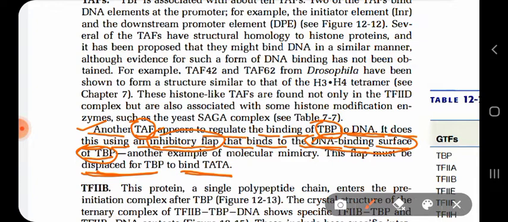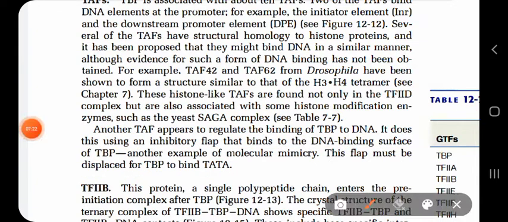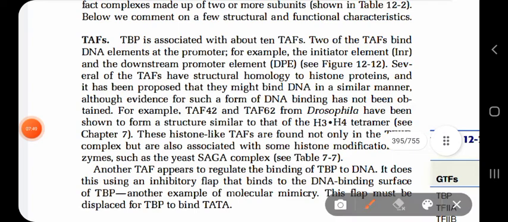So the inhibitory flap region, which is found in some of the TATA box binding protein associated factors, has to be displaced so that TBP can bind to the TATA box. So this was about the TATA box binding protein associated factor.